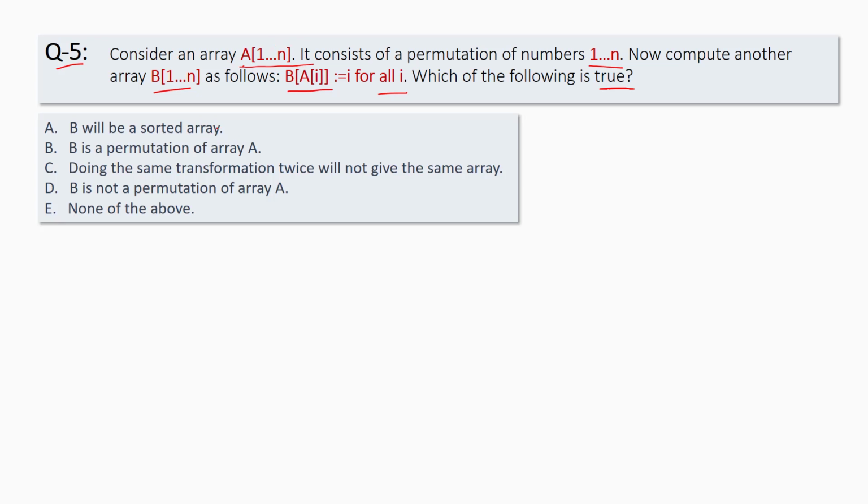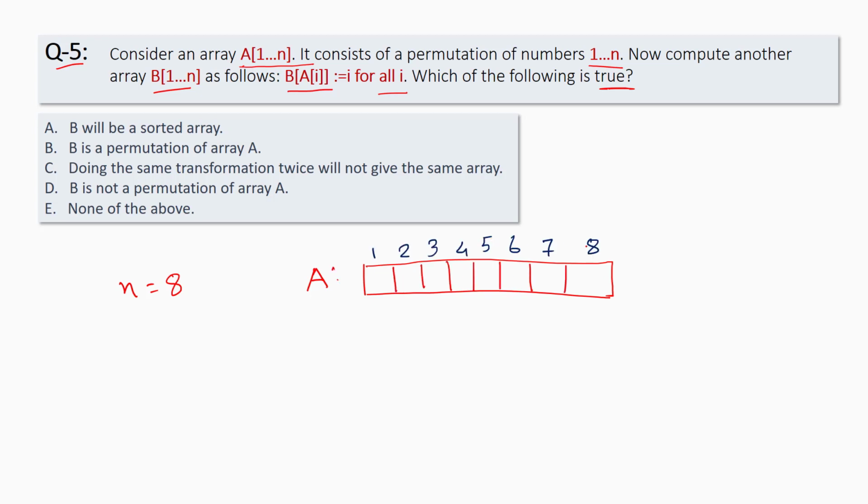So before looking at the options, at first we'll take an example of array A. Let us consider here n is equal to 8. A is an array of size 8, and since A will contain the values between 1 to 8 in any combination, let us assume a combination.